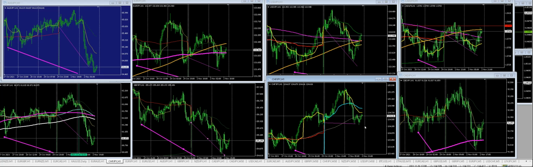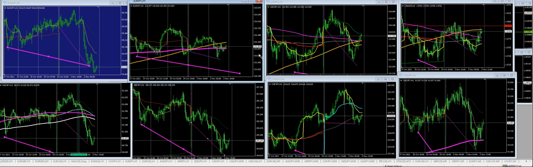Now what we're going to do is get these larger lines. We're going to draw them from the last big swing, just so we can get a better idea of where we are. Okay.